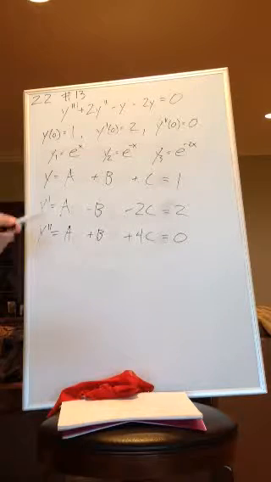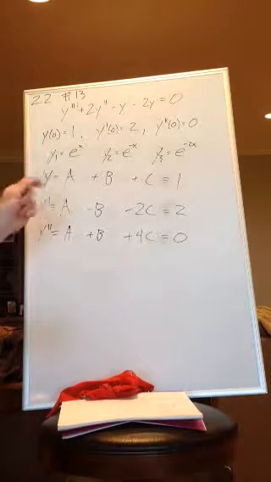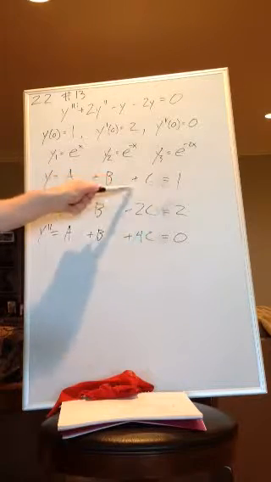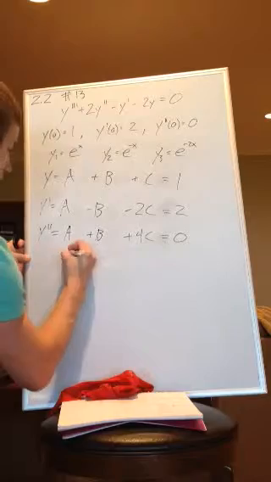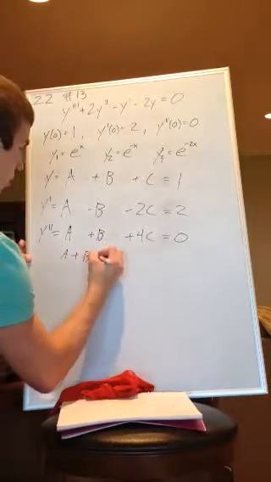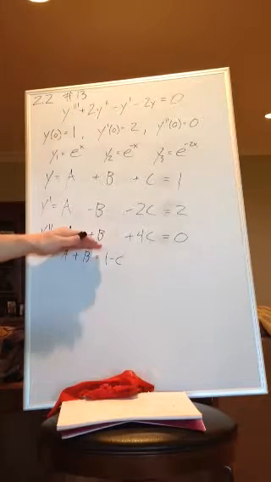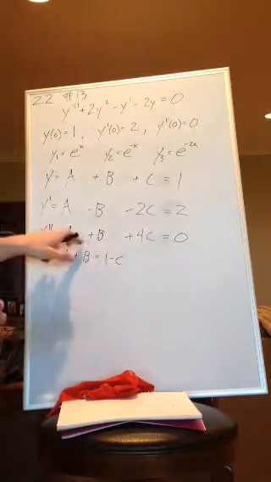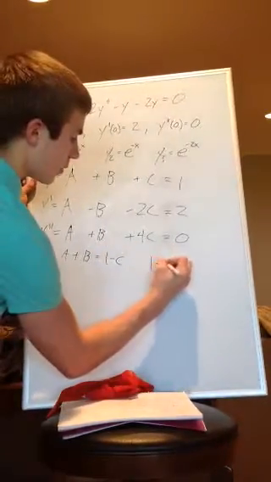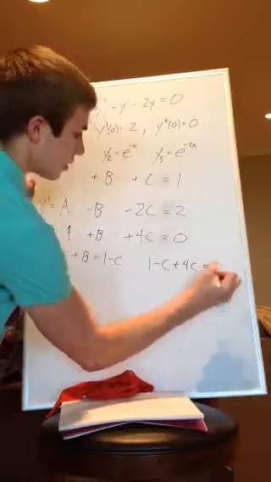Right away I jump in by taking our a plus b and make that equal to 1 minus c, and just take the c over. So our a plus b equals 1 minus c, and there's an a plus b right here in this equation. So I'm going to put 1 minus c in for a plus b, so we're going to get 1 minus c plus 4c, and that's going to equal 0.